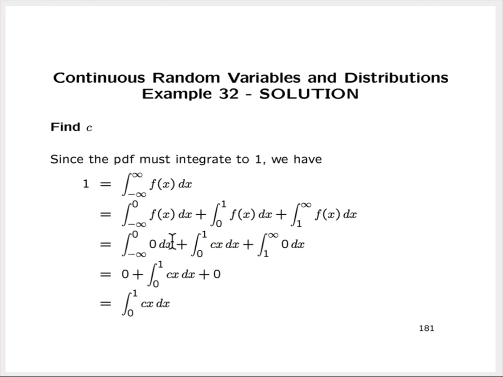You can see here why I needed to decompose the real line from minus infinity up to positive infinity into 3 subintervals. By the way, in this decomposition, I'm using a property of integration which allows me to decompose this integral in this way right here.